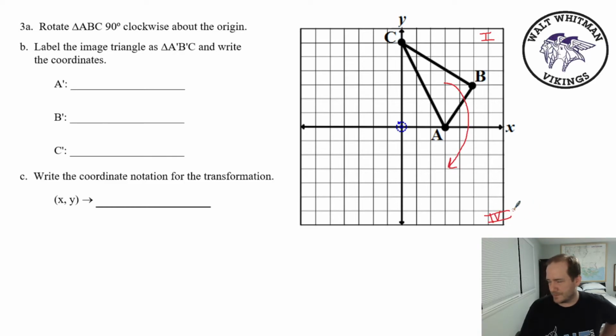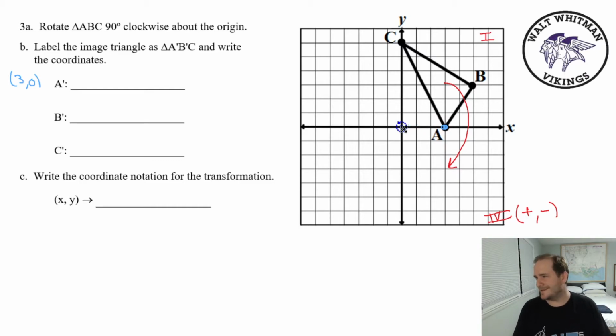And again, I think it's worth your time to think this through. We're going to have x's that are positive and y's that are negative. So what are they going to be? Well, with A at 3, 0, I think it's kind of easy to see that the way A has moved once we rotate is that A is just kind of sitting on the end of this little bar.